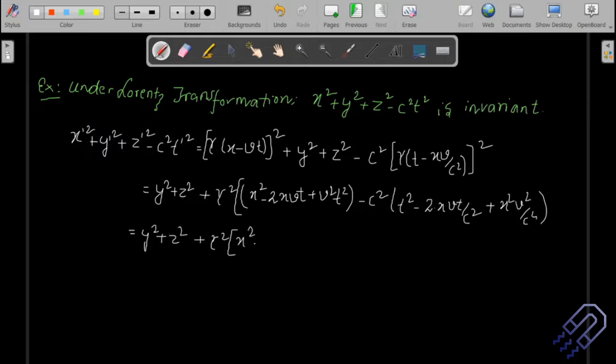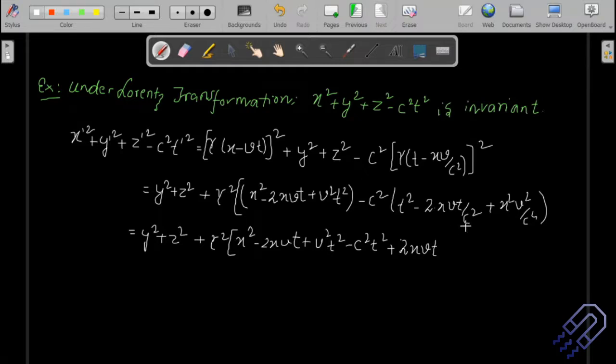This is x square minus 2x vt plus v square t square minus c square t square, plus 2 times x vt.